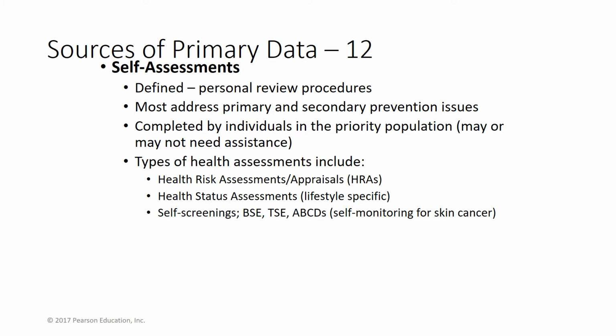One, is there a behavior change required? Primary prevention will always be no. If you're working with a group that currently wears seat belts, you don't want that behavior to change. If you're working with a group that currently does not smoke cigarettes, you do not want that behavior to change. The other thing you need to consider is the health outcome associated with the behavior that you're interested in.